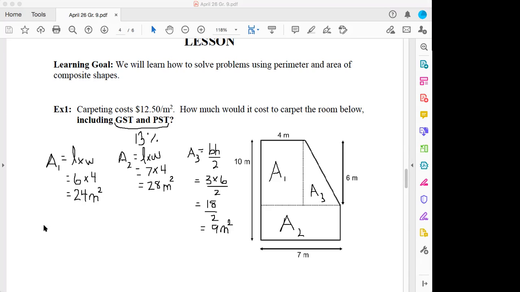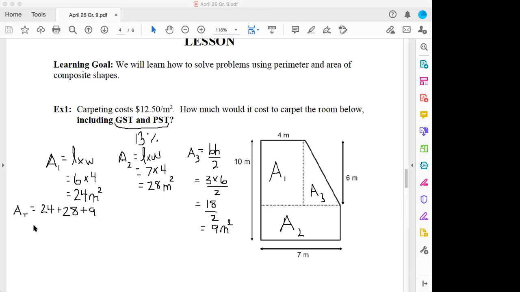Okay. So now it's time to add those all up for our total. Okay, so you're going to do 24 plus 28 plus 9.